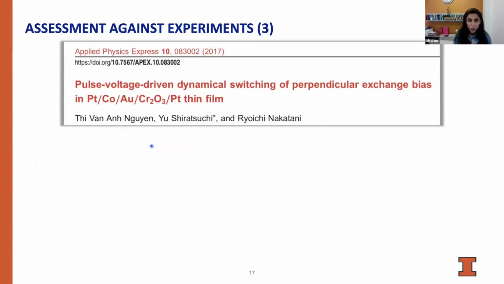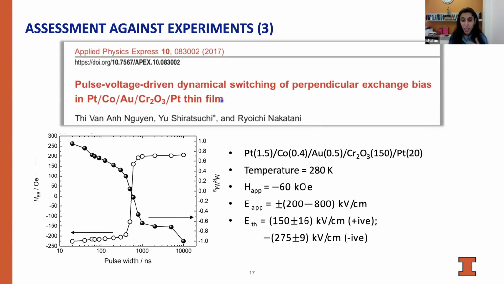And then we also validated our model against this 2017 paper. This is also an exchange bias sample. What is very exciting about this paper is that they actually do measurements of the switching time. They're applying a huge magnetic field, 60 kilohertz, so this is extremely huge, first of all.